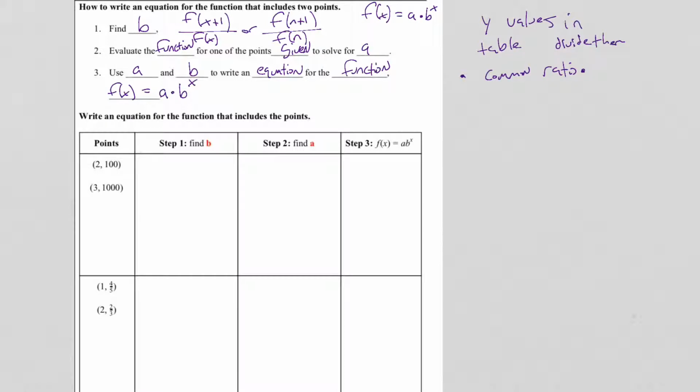So here's an example. Basically, you have f of 3 divided by f of 2. You know f of 3 is equal to 1,000. You know f of 2 is equal to 100. So this makes your common ratio.